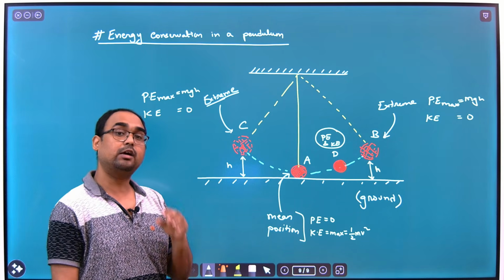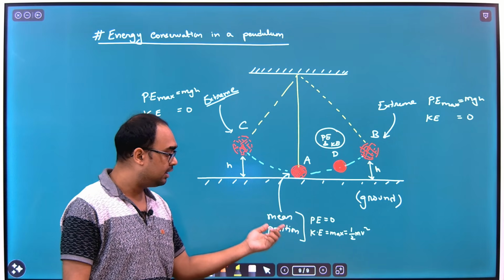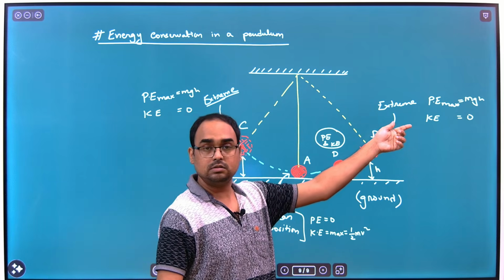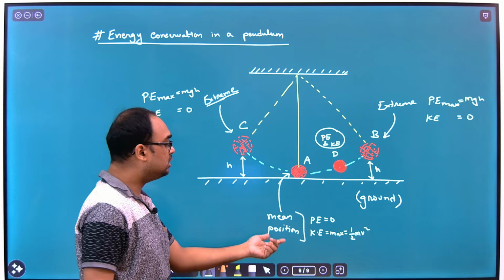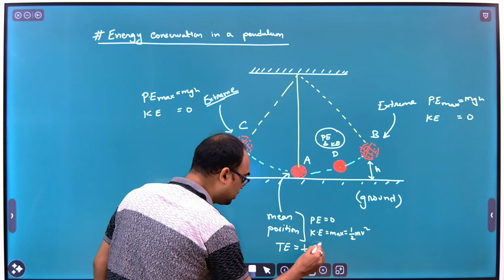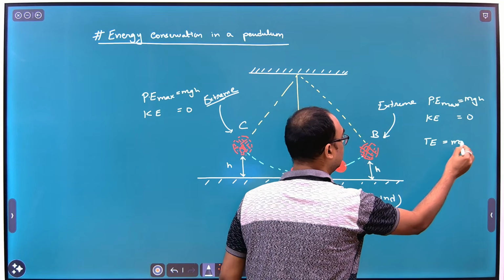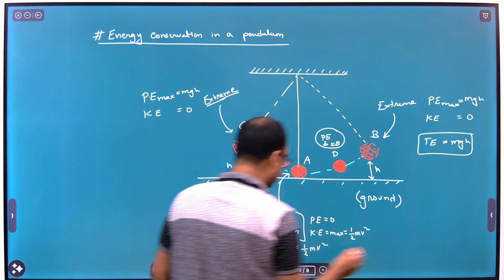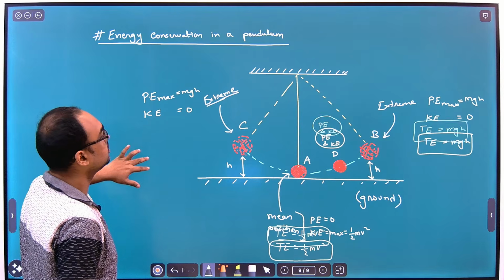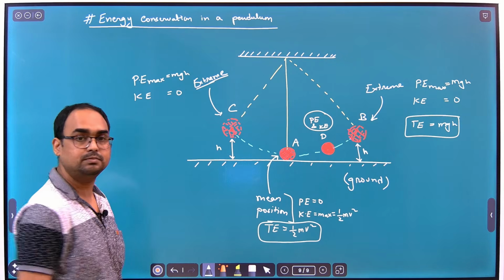Now we know that according to the conservation of energy, the energy at the mean position will be equal to the energy at the extremes. The total energy at the mean position is half mv square, and the total energy at the extreme is mgh. These two should match each other.